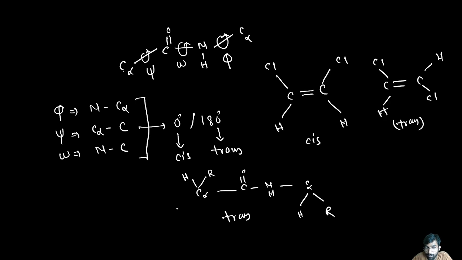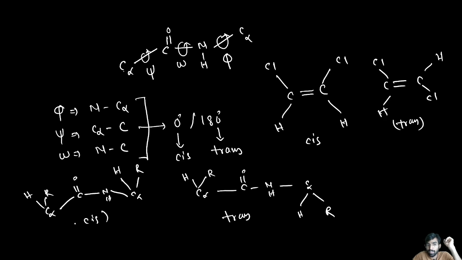And cis, that is C alpha, H, R, CO, NH, C alpha, H, R, in the same projection, that is called cis. Cis is sterically not favorable, trans is most favorable, and proline generally introduces this change from trans to cis.